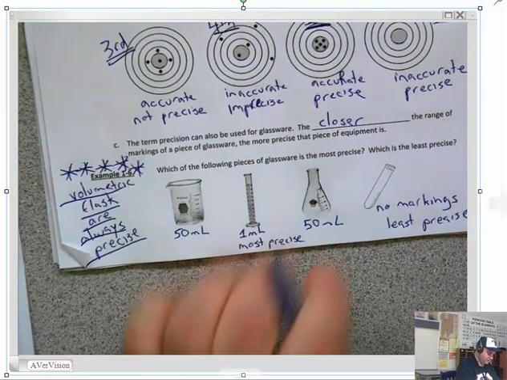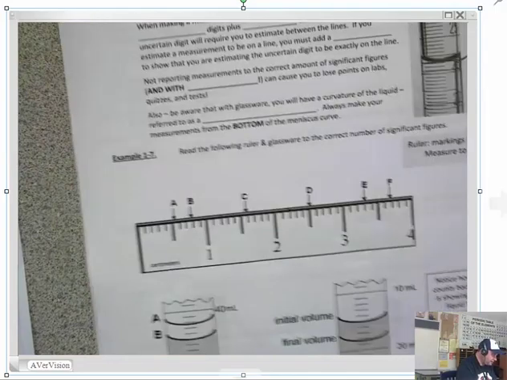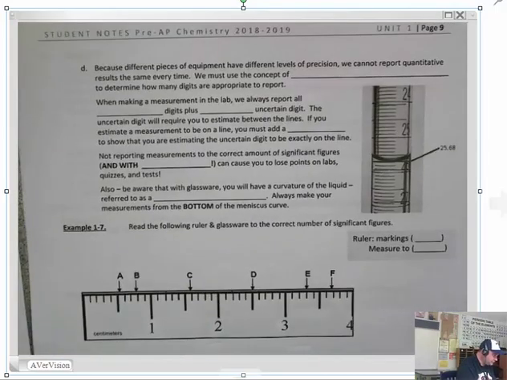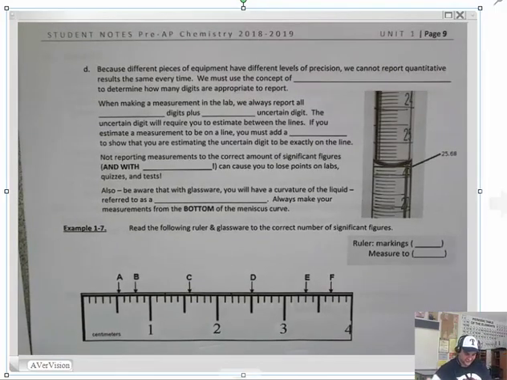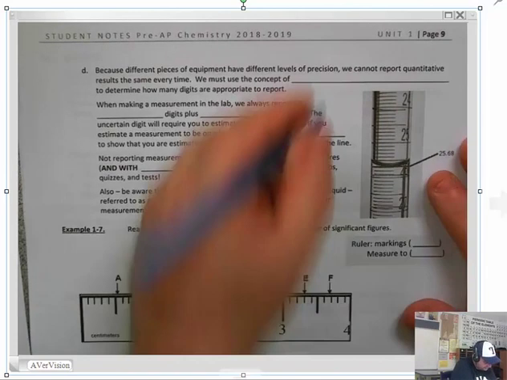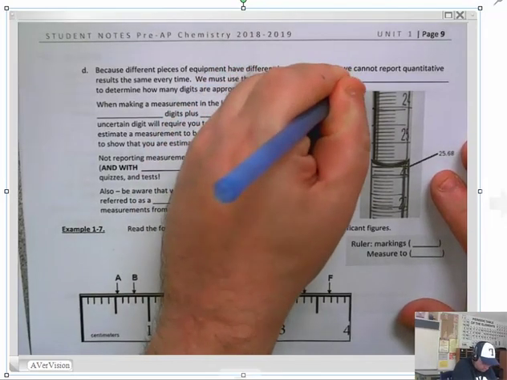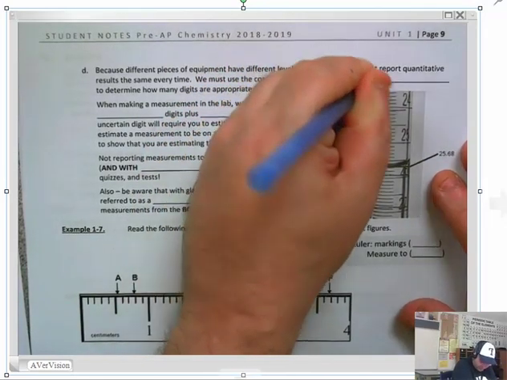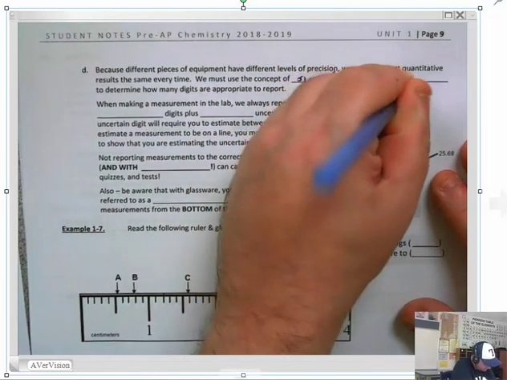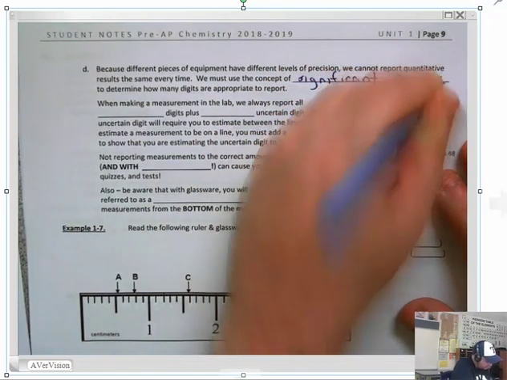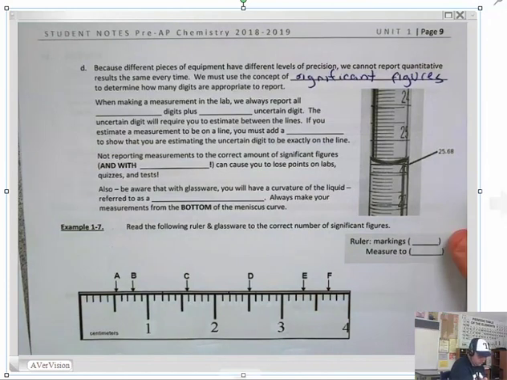On to page 9. Because different pieces of equipment have different levels of precision, we cannot report the quantitative results the same every time. We use the concept of significant figures, which we will learn in Chapter 7, second semester, to determine how many digits are appropriate to report.